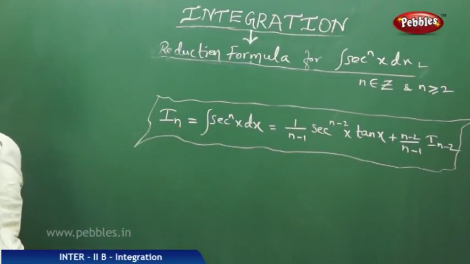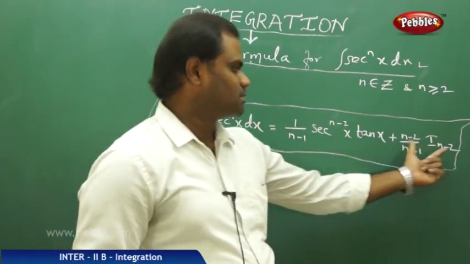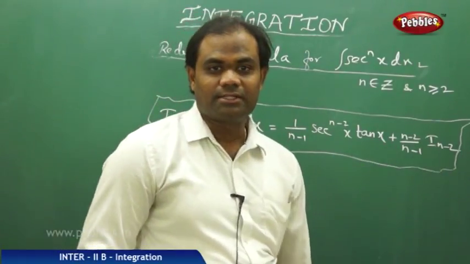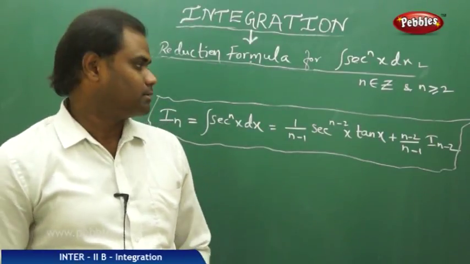So the reduction formula for secant power nx is this, which we get. Now let's see the last reduction for n even and n odd.